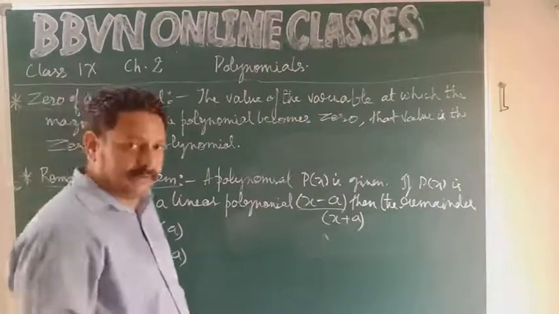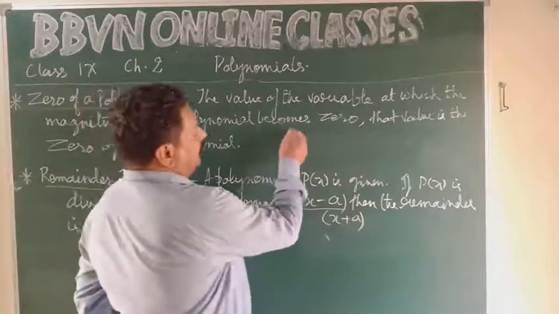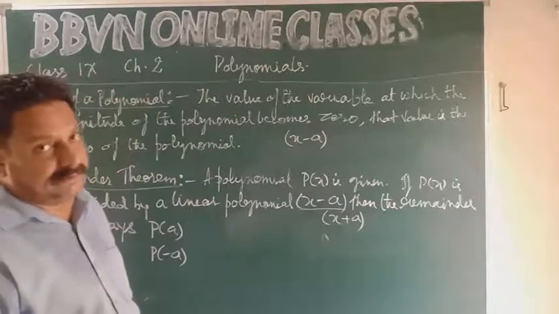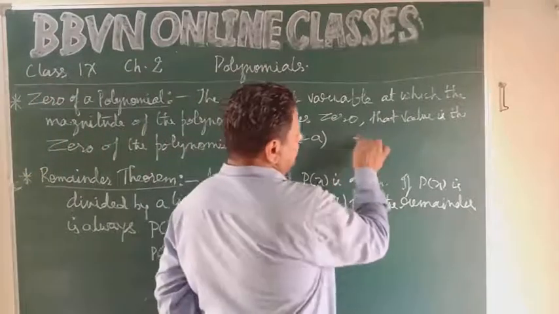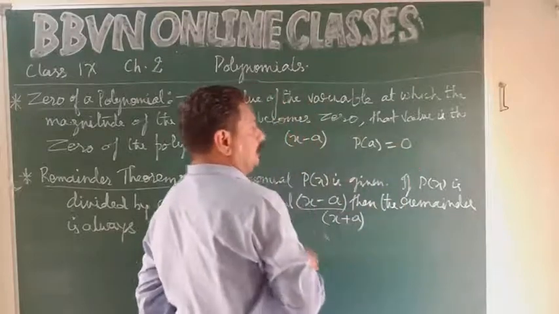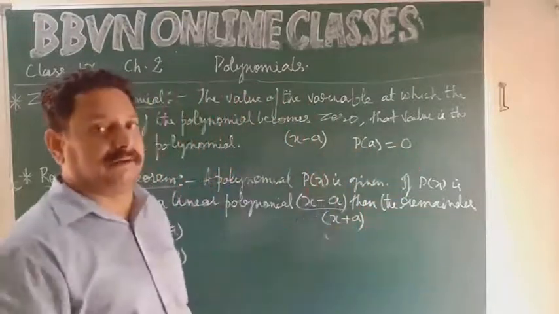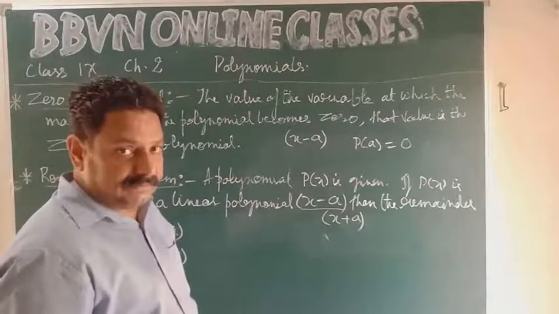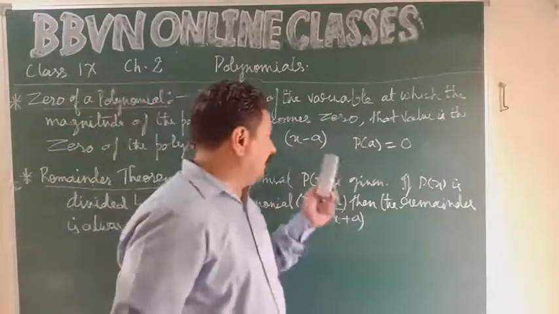Why do we say so? We have studied that when a polynomial is divided by x minus a, the remainder is p of a. Suppose the remainder turns out to be 0. It means x minus a is completely dividing the polynomial, leaving the remainder 0. So this is a factor, right?